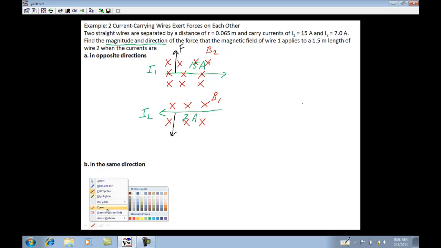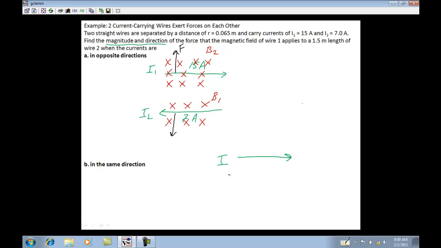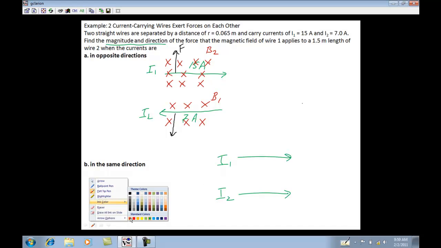So let me change this ink color to the dark green here. Now let's say I1 and I2 are going in the same direction. That's I1 and this is I2 going in that direction. The magnetic field from I1 down at I2 is going to be which way?